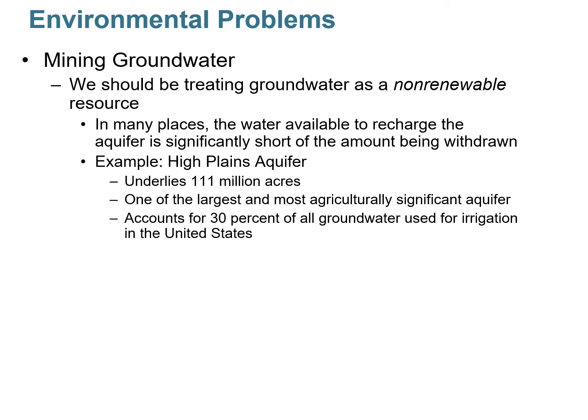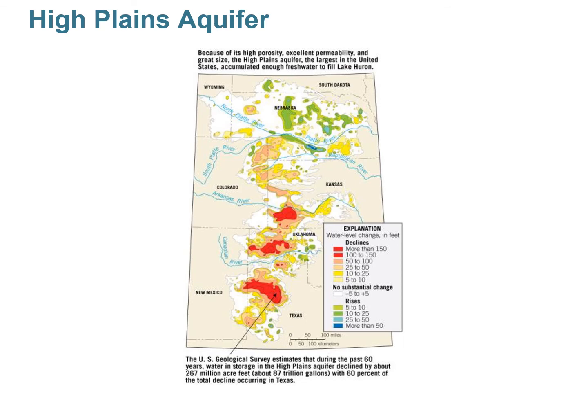One example is the High Plains Aquifer, and that underlies about 11 million acres in the Midwest, just north of West Texas and going further up north through Kansas. And that is one of the largest and most agriculturally significant aquifers. That accounts for about 30% of all groundwater used for irrigation in the United States. So this is heavily used.